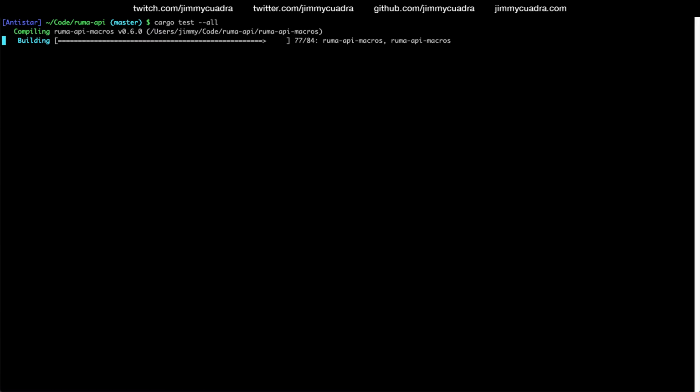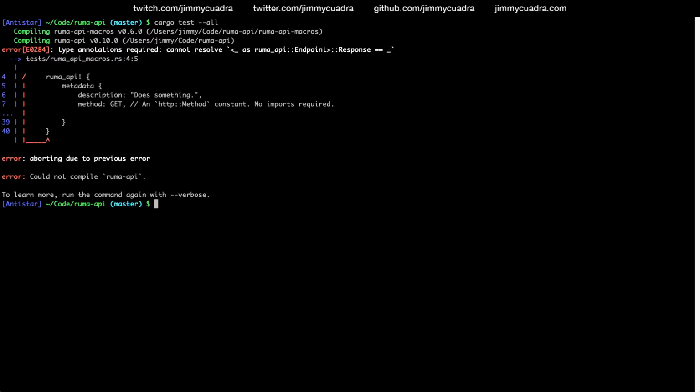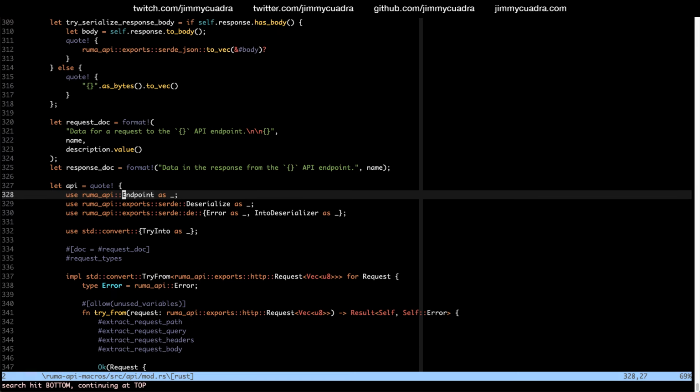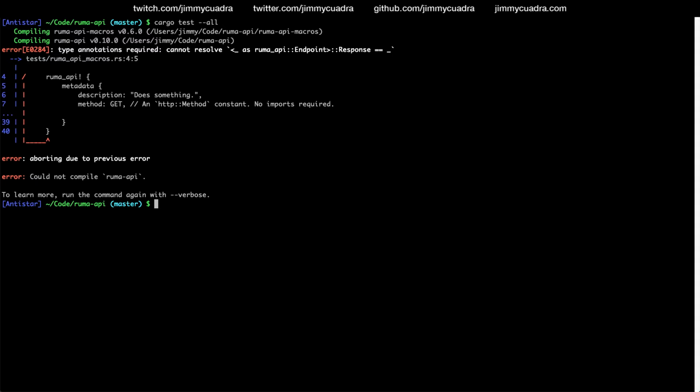Let's try cargo test again. Type annotations needed. Cannot resolve underscore as Ruma API endpoint response. Interesting. Where does that come into play? I think I may need cargo expand for this, because I'm not sure.